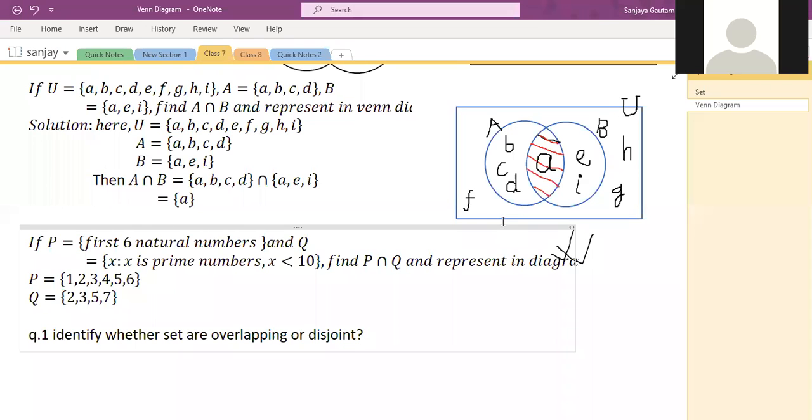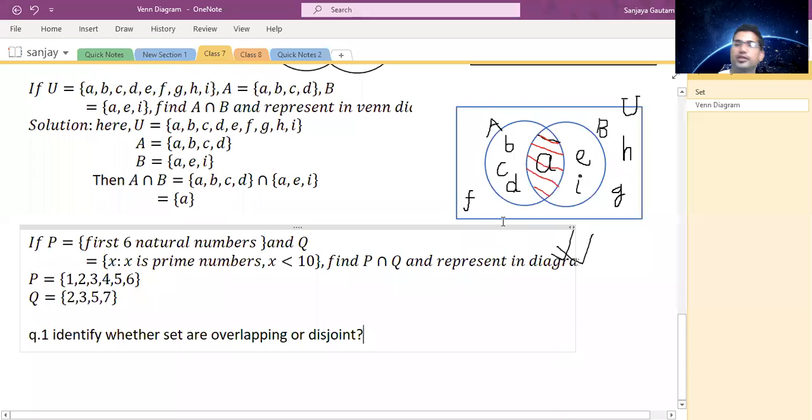I will post the assignment today, and you have to submit it regarding overlapping and disjoint, A union B, A intersection B, and subsets. I will discuss the union problems. In our next class we will discuss the intersection, and then our set relations will be finished. If you have any problem regarding that, we can discuss.